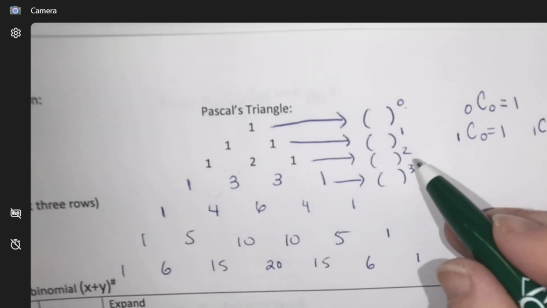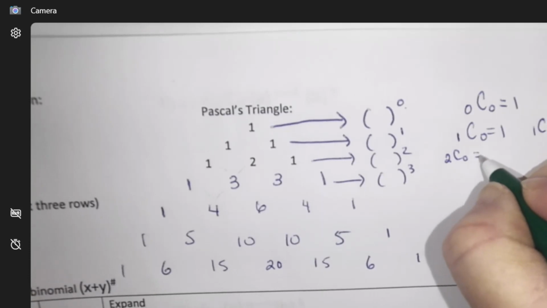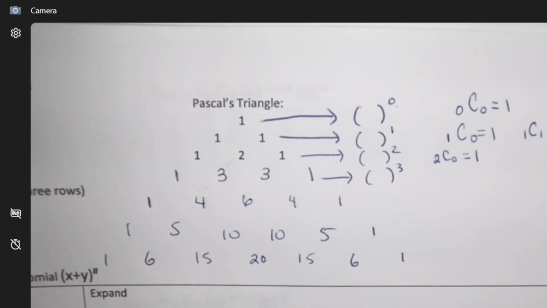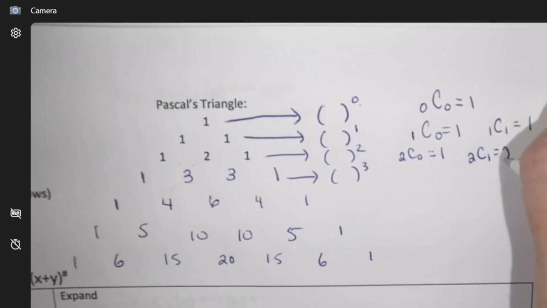On this one, it's an exponent 2, so I'm going to start it with a 2, choose 0, which is 1. A 2, choose 1, which is 2. And then a 2, choose 2.